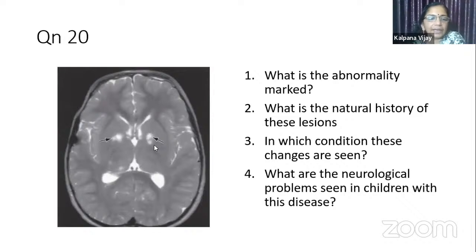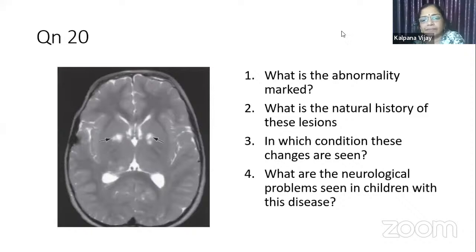Over the basal ganglia, you're seeing bright spots. This is a T2 weighted image. The calcification is not like that. In a T2 weighted image, the calcification will be hypo, so it will be black in color. This one is white in color. And the T1 is normal.